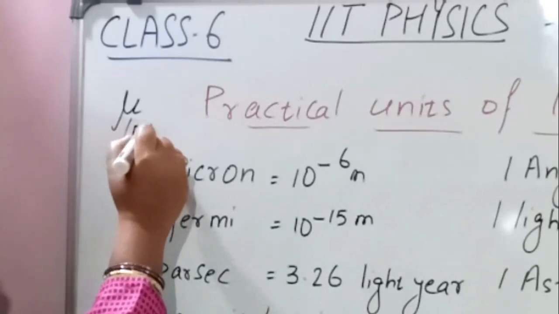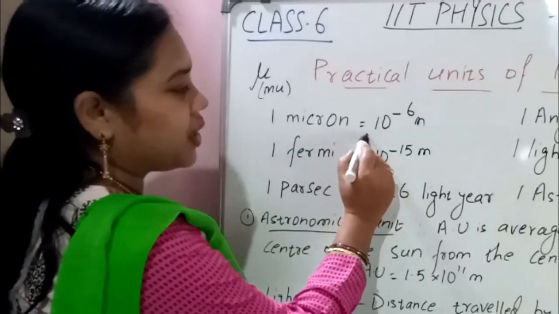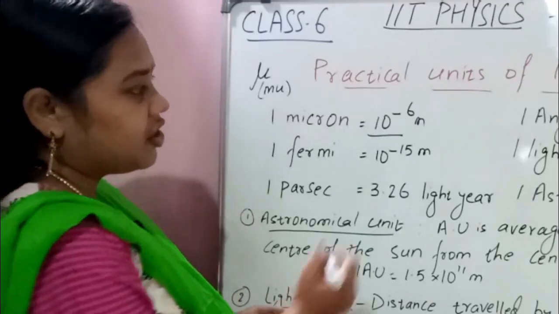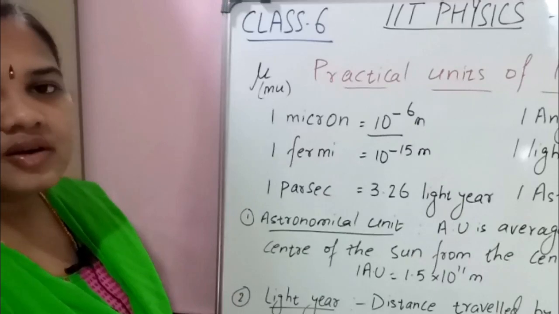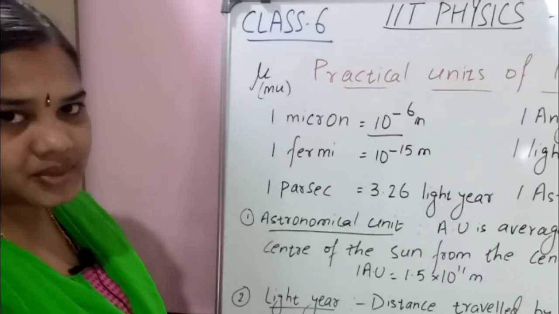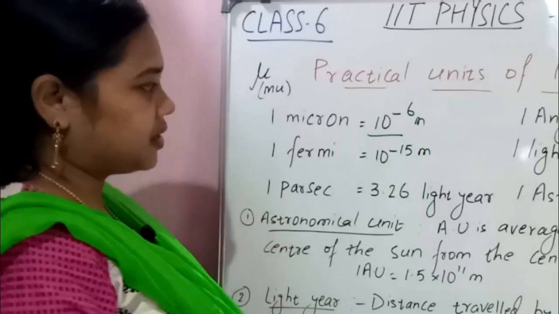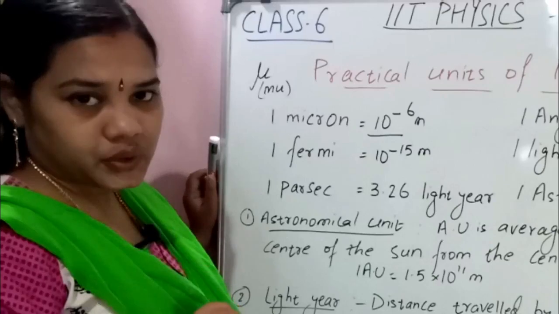So micron: 1 micron is equal to 10 to the power minus 6 meters. Already I said, when there is a negative power, it means that is a unit for small measurement.